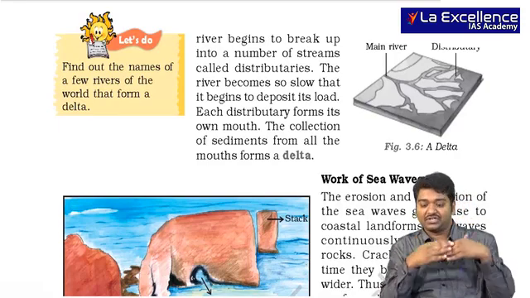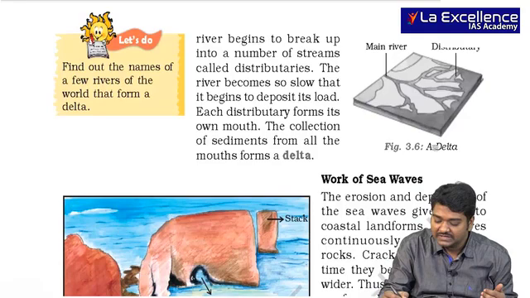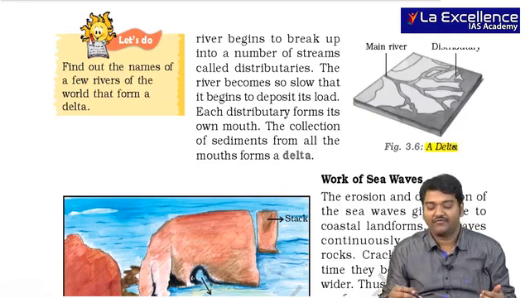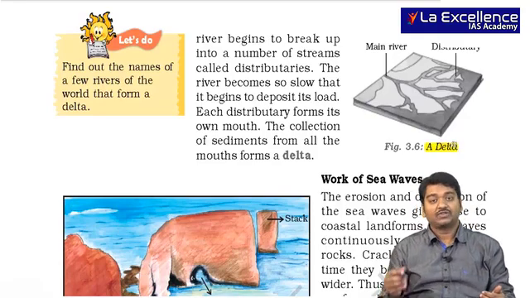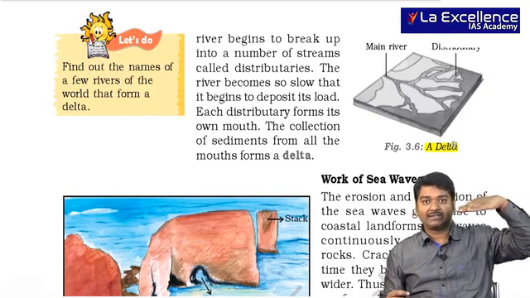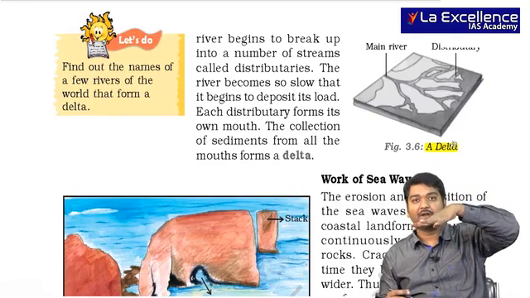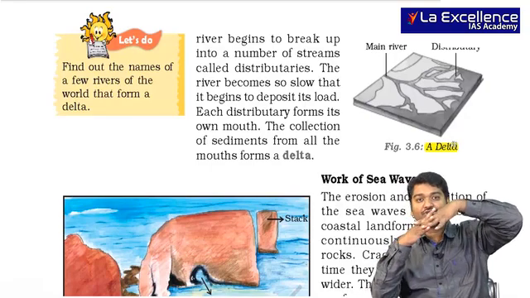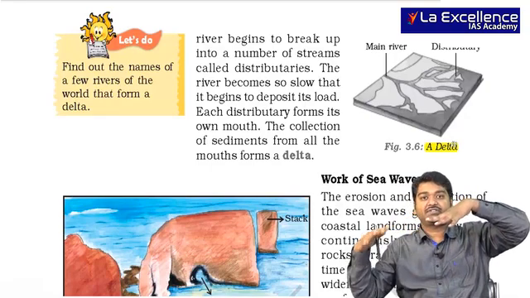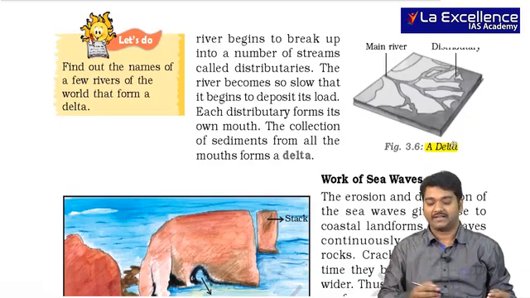When this deposition takes place, we usually see deltas being formed, right? So the river which is coming like this gets split into the ocean. When it gets split and enters into the ocean, sediments get deposited. This is what we call a delta.